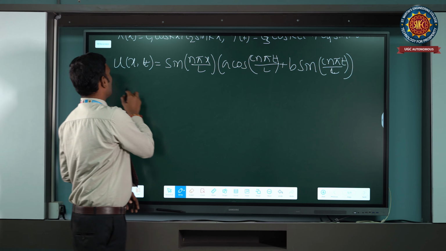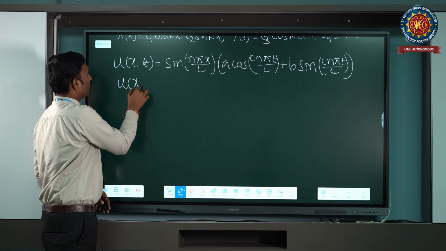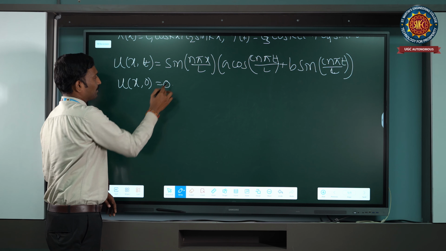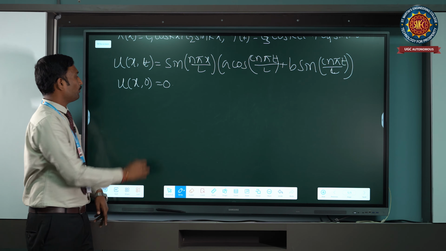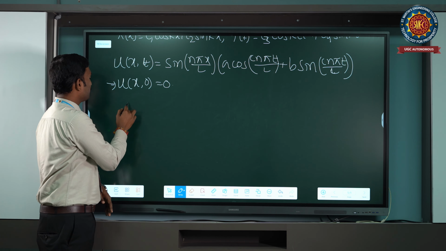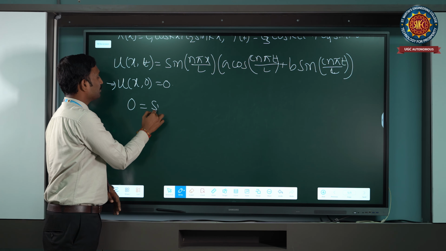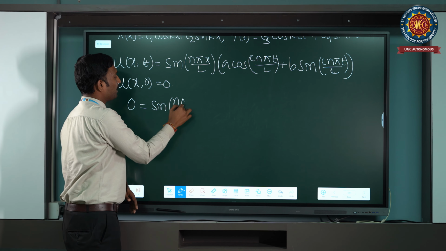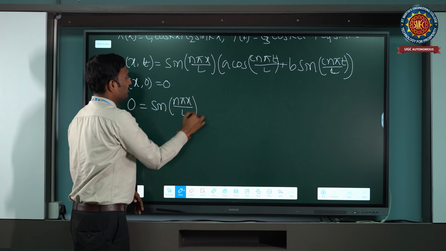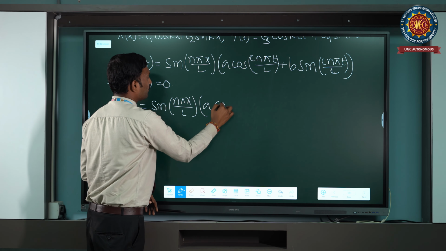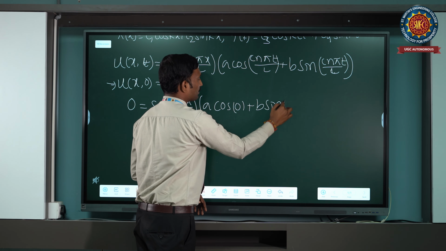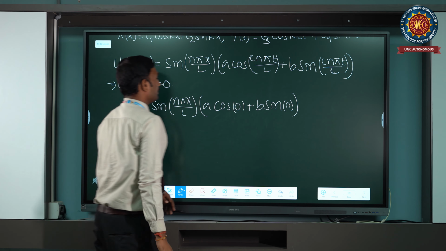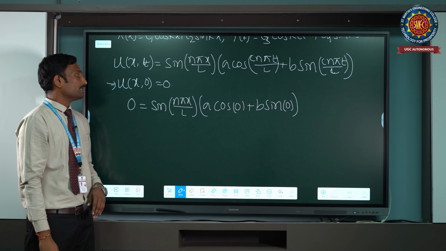Here we are given the initial condition u(x,0) = 0. By substituting this condition in the above equation, it becomes 0 = sin(nπx/L) [A cos 0 + B sin 0]. Here cos 0 is 1, sin 0 is 0.